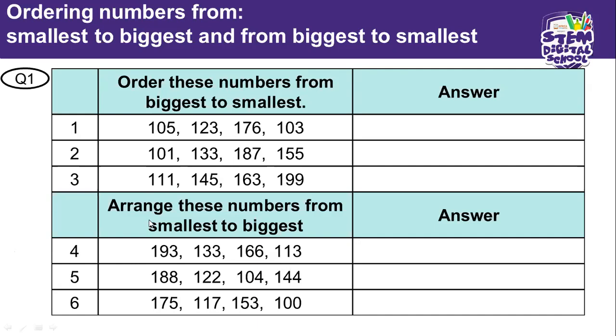The second part, number 4, says that arrange these numbers from smallest to biggest. So you come here and you check which is the smallest, and then you start with it. Go like that until you go to the biggest number. Okay, number 4.